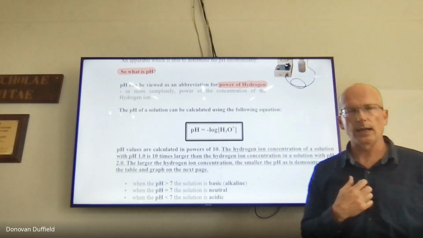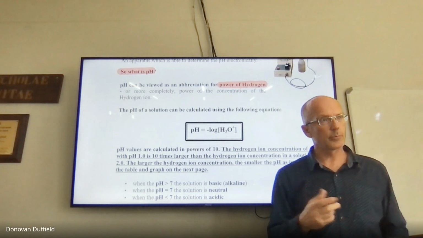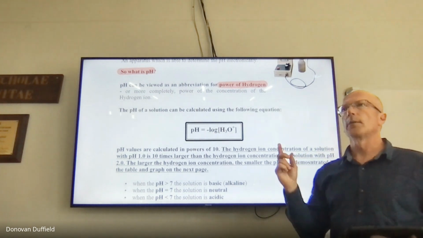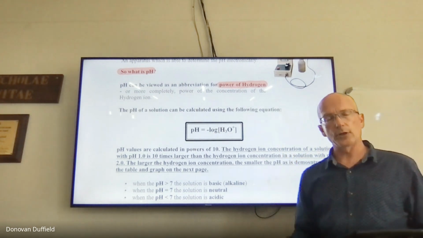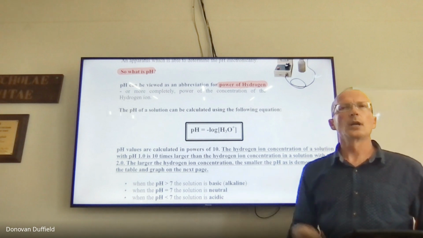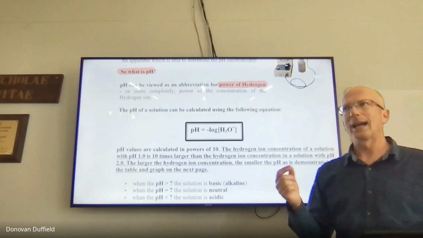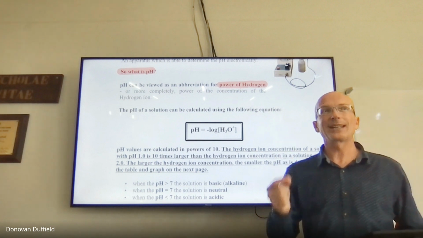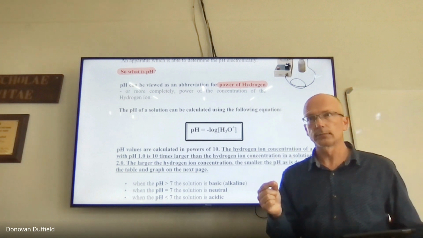I'm going to say it again. A definition of pH is a quantitative measure of the acidity or alkalinity of a solution. By quantitative, I mean that you can actually associate a number to it.